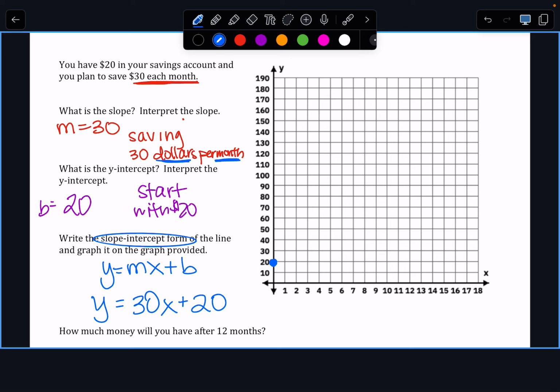We're counting by tens, right? On the y-axis, I've counted by tens. So we need to go up 10, 20, 30, and then over 1.